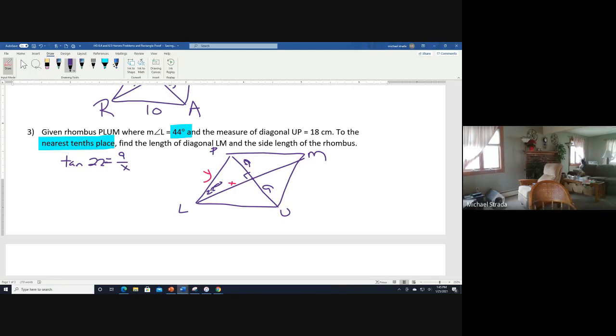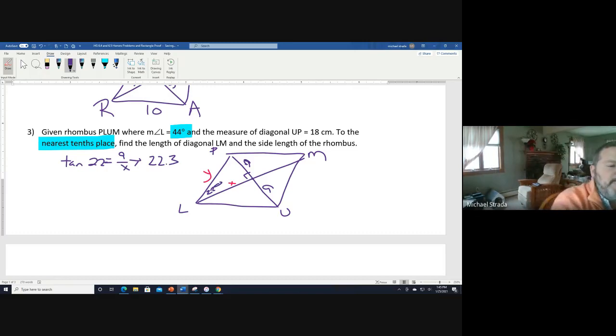All right. So tangent 22 equals 9 over X. I'm going to end up dividing 9 by tangent 22. That makes X 22.3 if I round to the nearest tenths. Y is the hypotenuse.